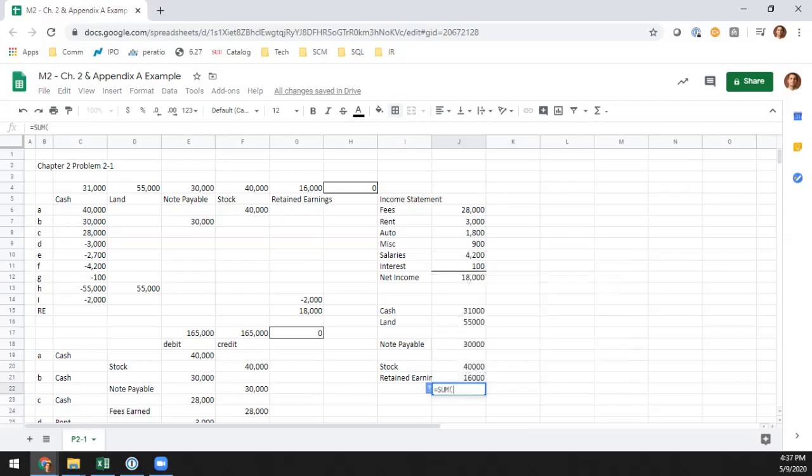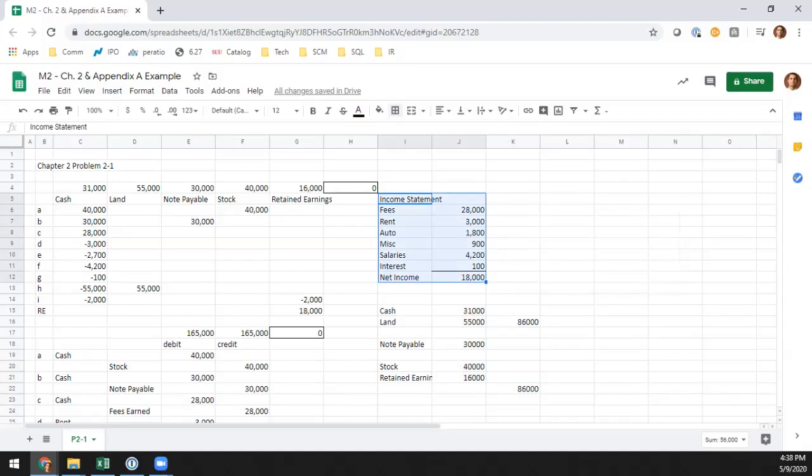And so our total liabilities and equity is $86,000. And our total assets is also $86,000. Okay. And as we went through that, we built our income statement. So we have 2 of our 3 financial statements done.